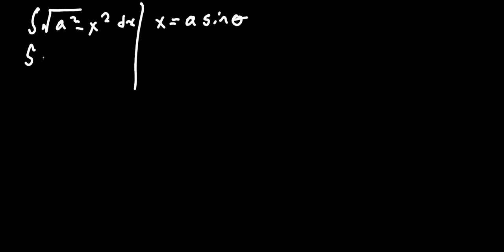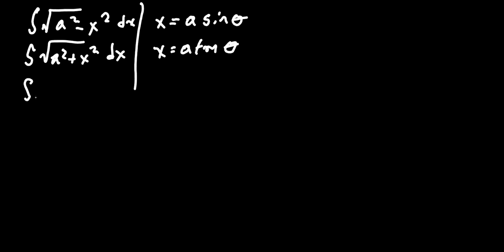For the integral of the square root of a squared plus x squared, we're going to have x equals a tan theta. And lastly, for the square root of x squared minus a squared, we're going to use x equals a secant theta.